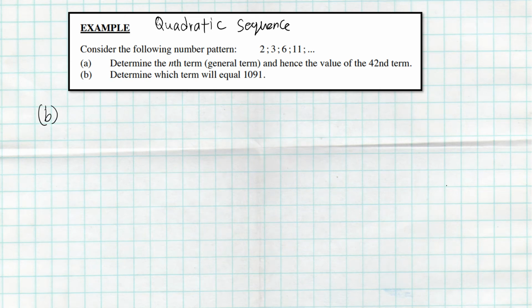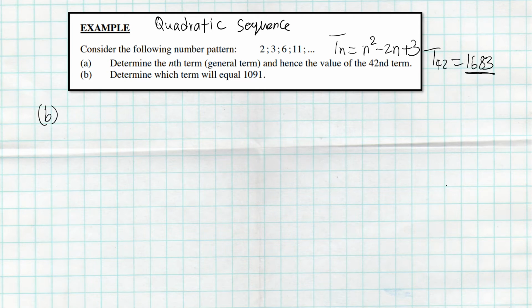Okay, let's move now and do B. So don't forget, we got our Tn as n squared minus 2n plus 3. And our term 42 was 1683.